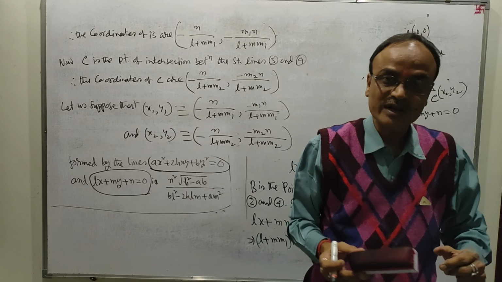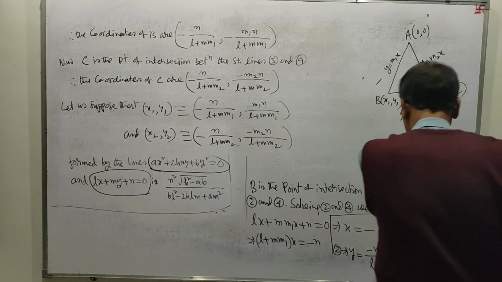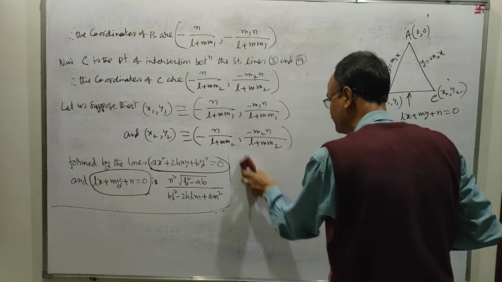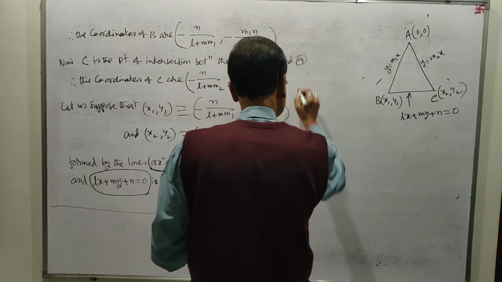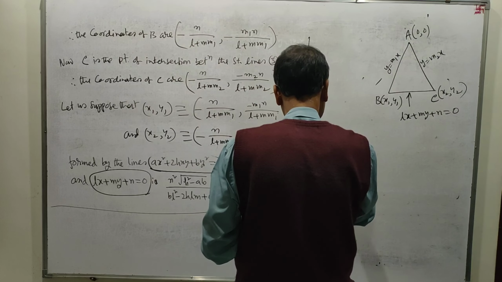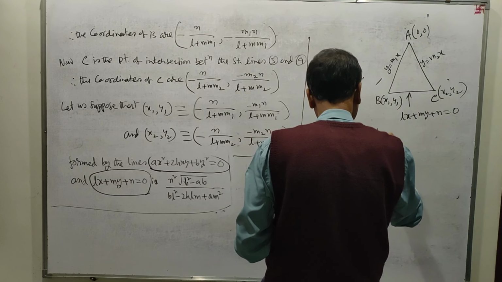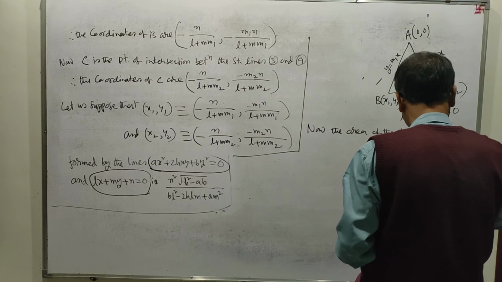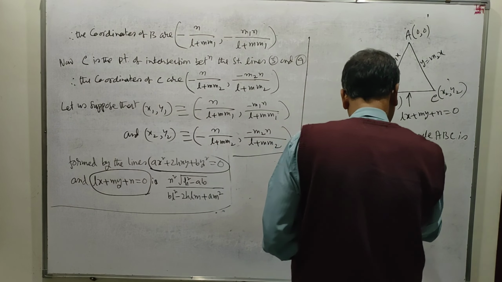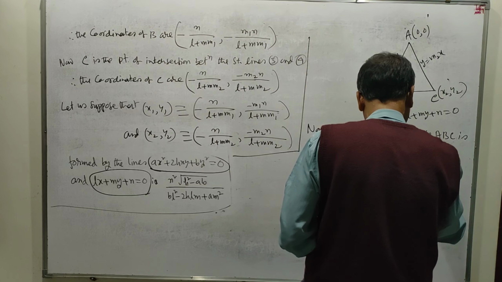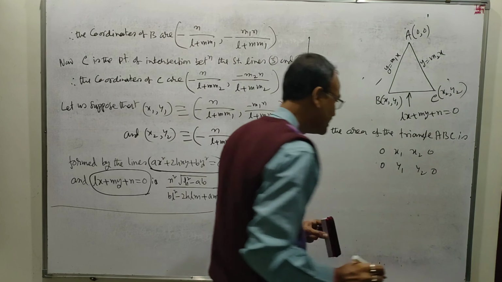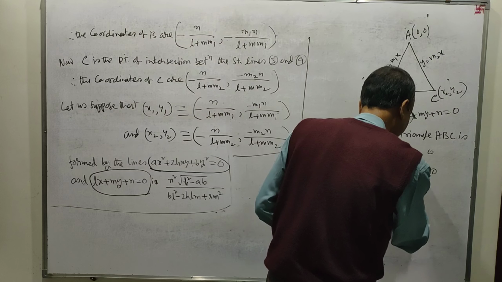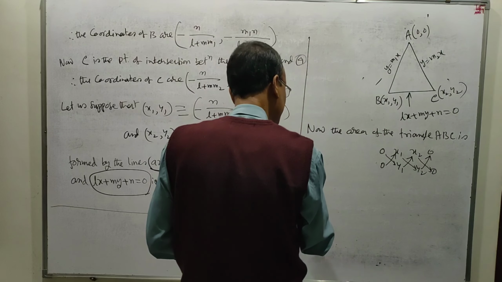Now, the area of the triangle ABC is, you write the coordinates like this: this into this minus this into this plus this into this minus this into this plus this into this minus this into this.